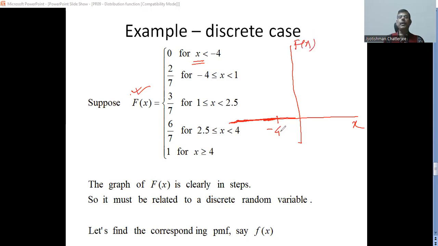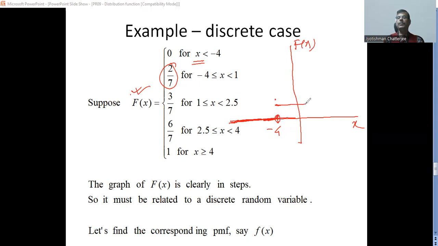At -4, it takes a jump. It becomes 2/7 as given here. When I am coming from here, the point -4 is not included, and to denote that, we draw it this way.